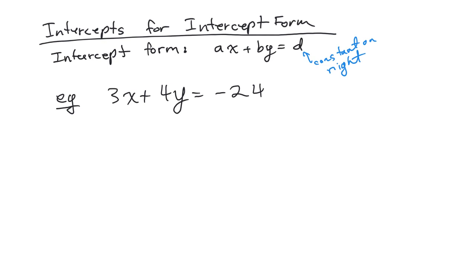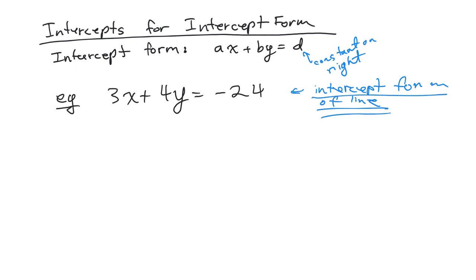The first thing that I would do is look at this specific equation and say, wow, this is the intercept form of a line. And the reason why I like this is because it makes calculating the x-intercepts and the y-intercepts of these lines really, really easy. Now, let me explain to you what I mean.